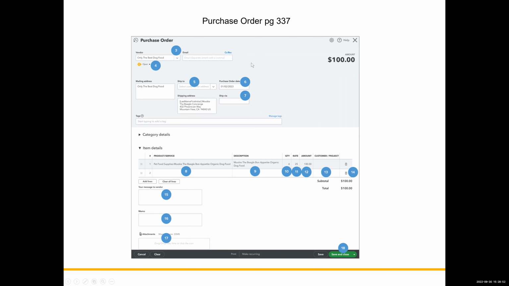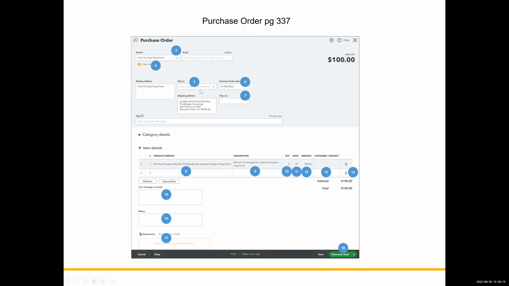So what you need to do, well, who is the vendor that you're ordering from? You're ordering from the vendor Only the Best Dog Food. And number 5, you're going to leave that blank. But if you were going to ship this directly to your customer, you would put ship to, but you're not.